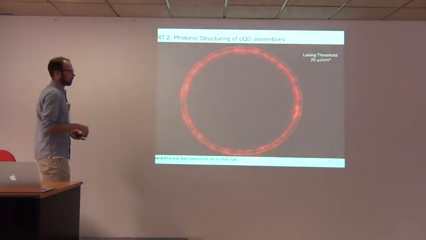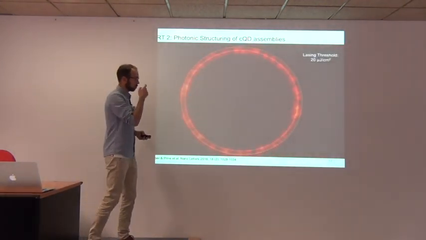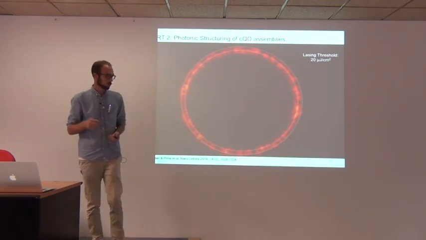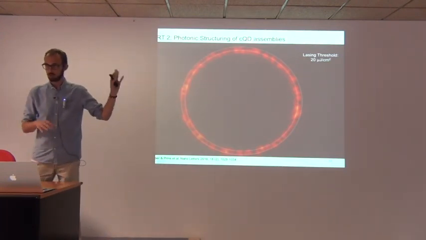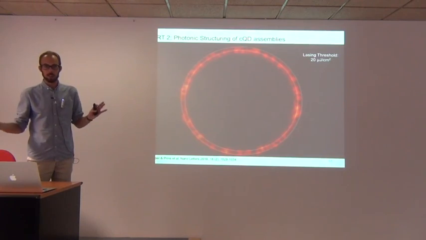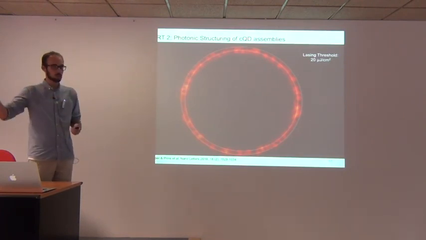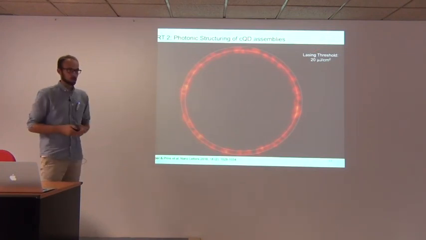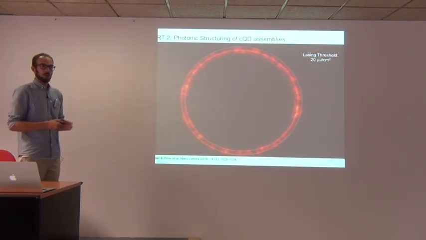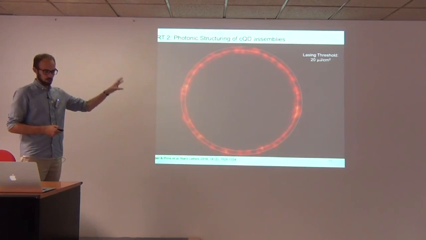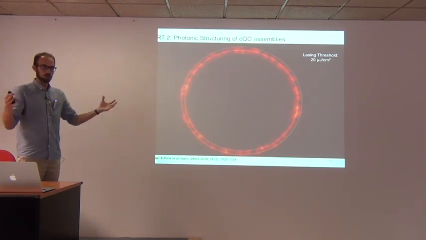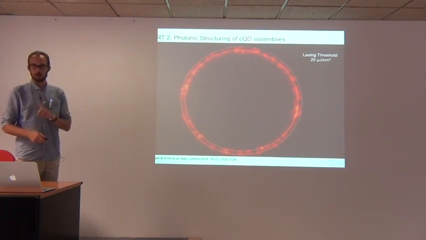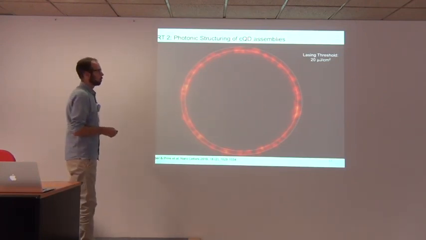And indeed, we see lasing thresholds that are really quite low, 20 microjoule per square centimeter. Again, this is just a number, but to give you an idea, the record right now, after we did this, is at 5 microjoule per square centimeter. But this is really one of the lowest reported numbers. The nice thing here is that we are not requiring any external cavity, but we're just structuring the film itself to create this feedback for the light.